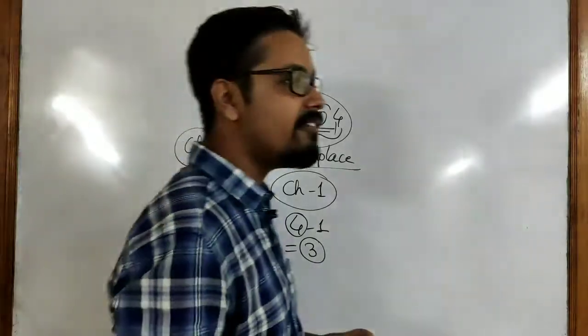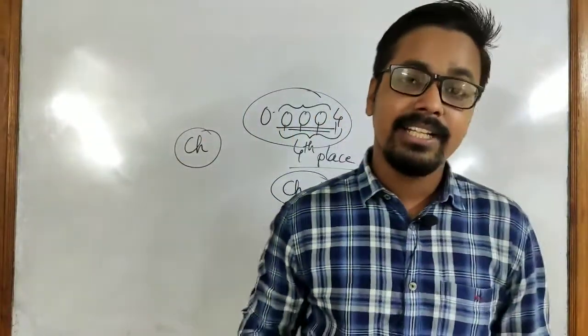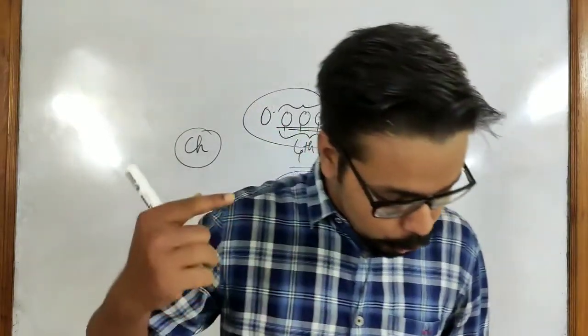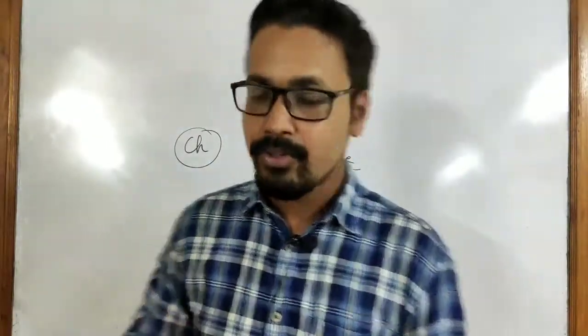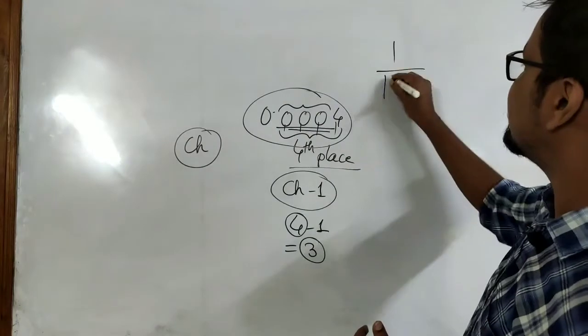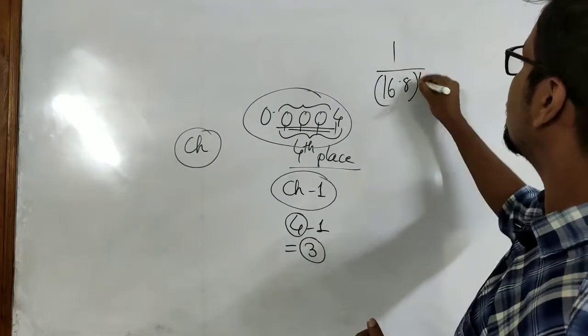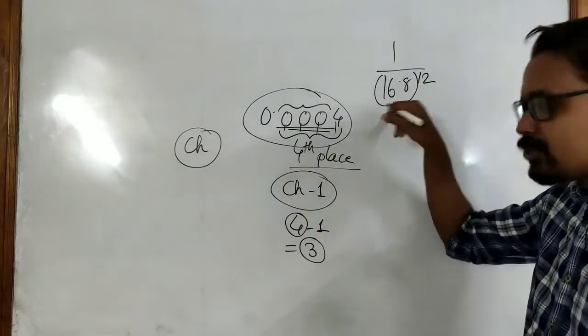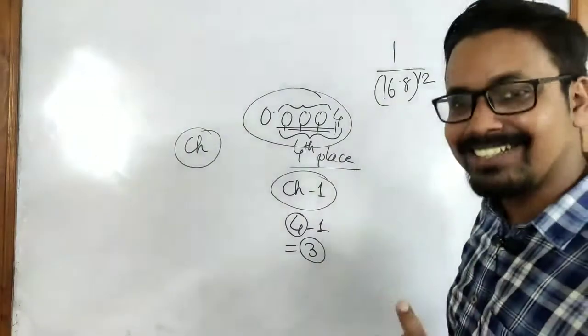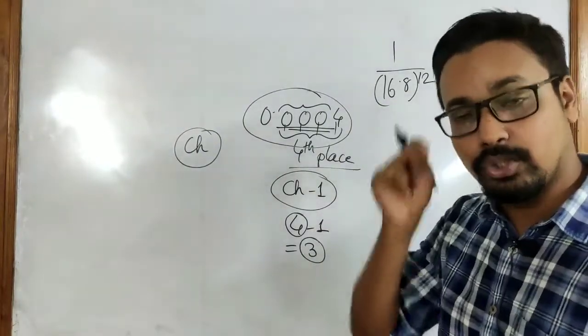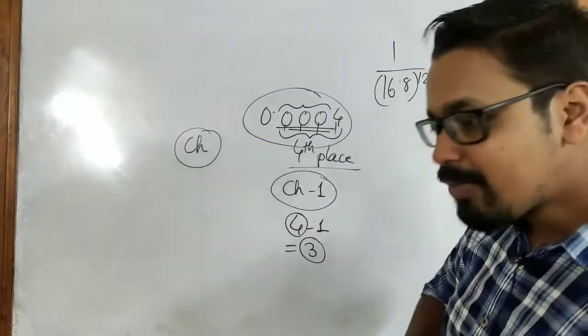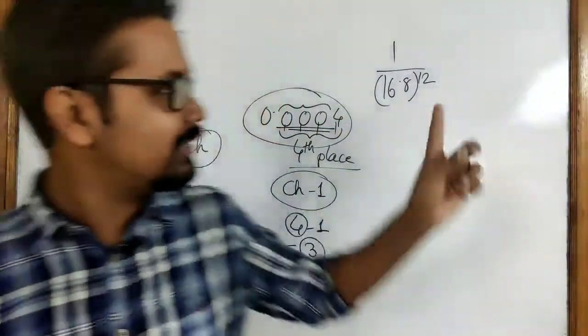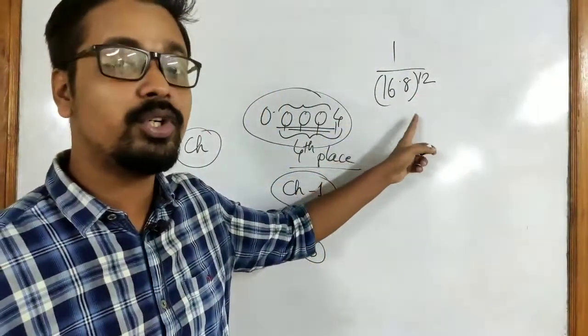So the question that we have here in question number 9 is 1 by 16.8 to the power 12. This is the exact question of question number 6, Roman 7, which we had solved in the previous video. We found the number of zeros in this case.